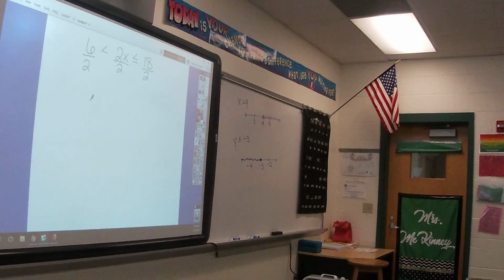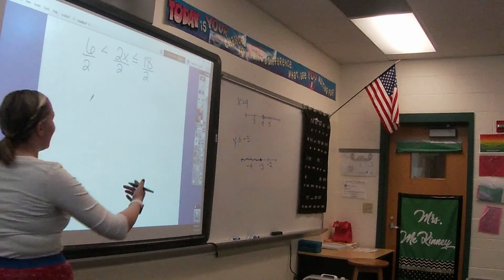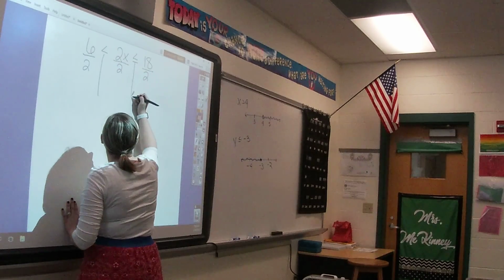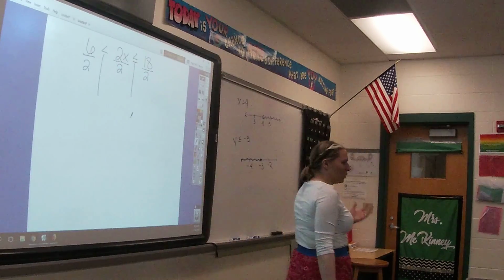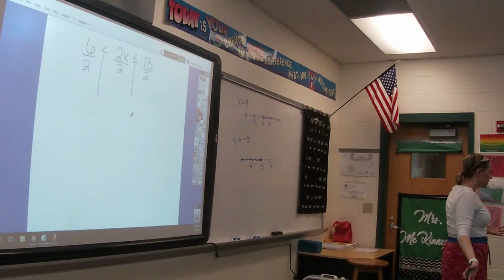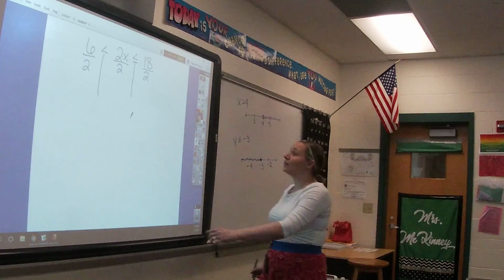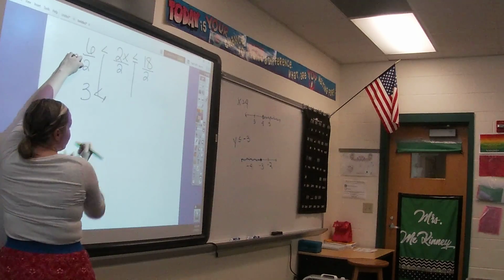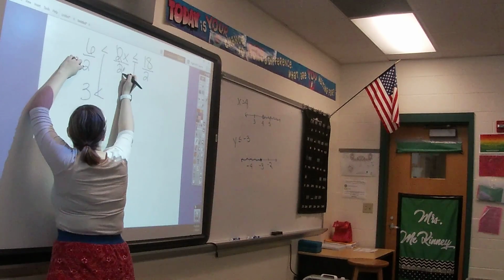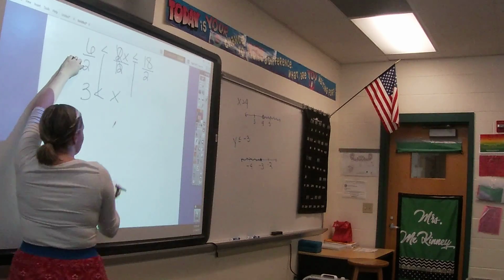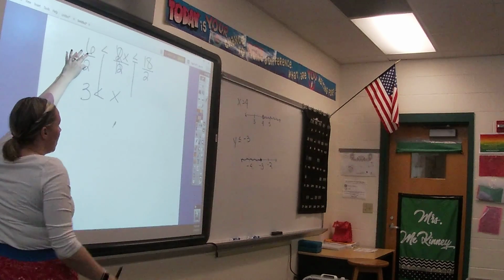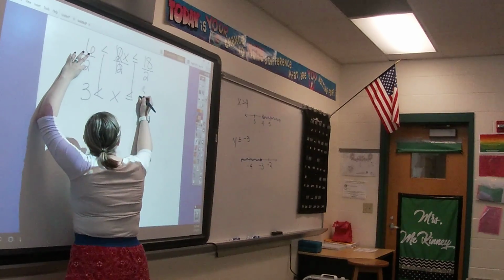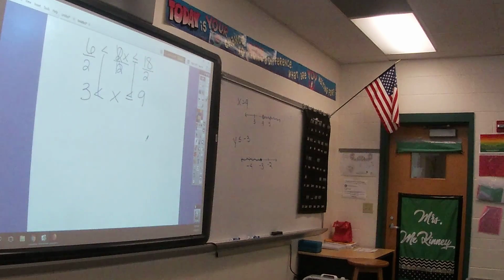Whatever we do to one side of the equal sign, we do to the other. But now that we have multiple symbols, whatever we do to one side, we do to all the other sides. So 6 divided by 2 is 3. Our 2's canceled, just like they would with any equation we solve. 18 divided by 2 is 9.